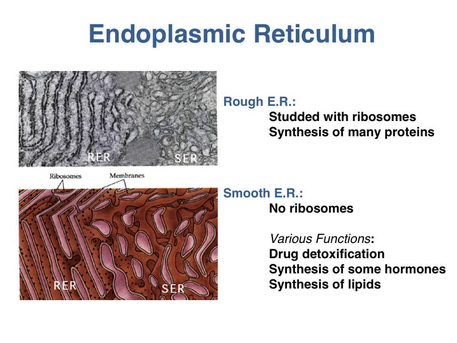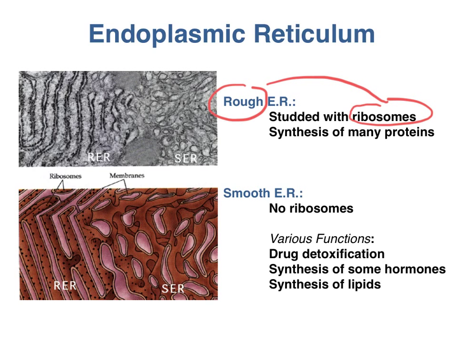You also have the endoplasmic reticulum. The endoplasmic reticulum is a network of membranes, and it actually forms about half the cell's membranes. There are two types of endoplasmic reticulum, or ER. You have the rough ER, and you have the smooth ER. And the rough ER is rough because it's studded with ribosomes.